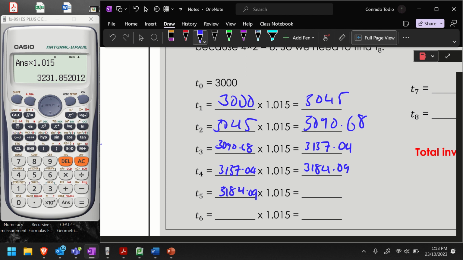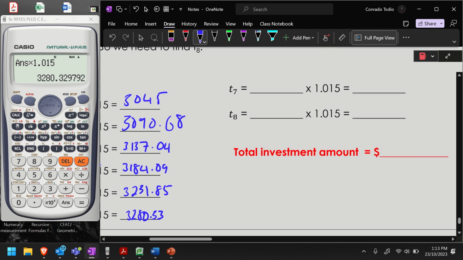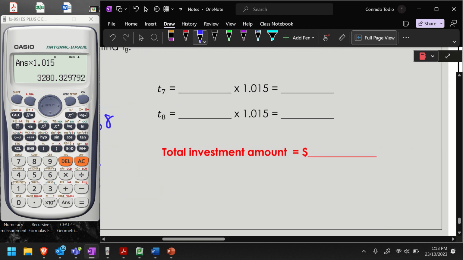Then 3231.85. Then 3280.33. And I'm just literally repeating the same process until I get to the 8th term.